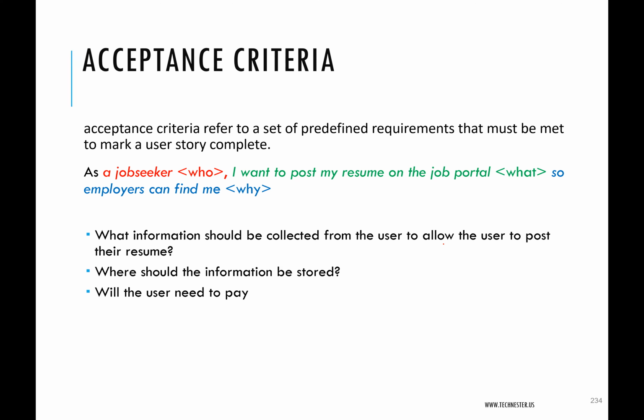Meaning, how should those things function? So functional requirement tells us what should be done. Non-functional requirements tell us how those things should be done, how they should behave. So your acceptance criteria is the one that gives us the information for how the functional requirements should behave.